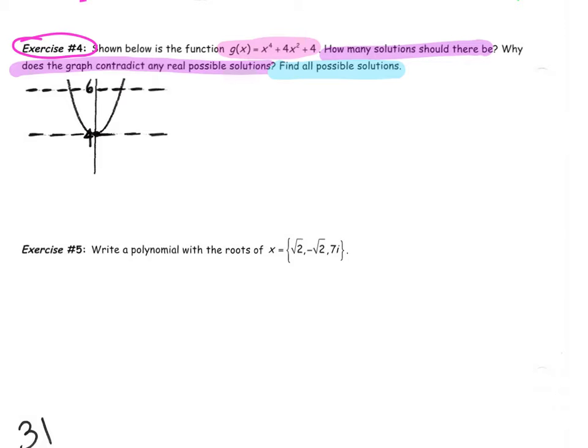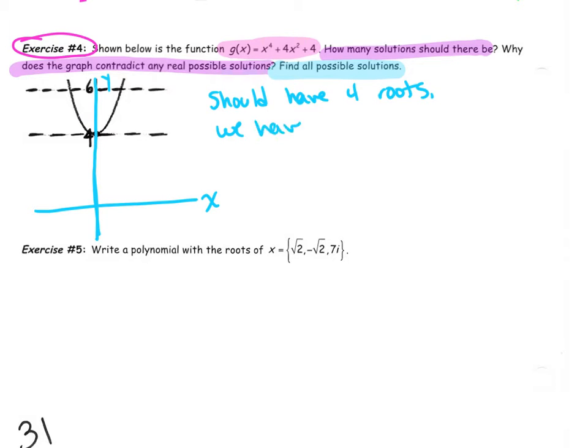Well, let's see. If we look, this thing never actually crosses the x-axis. I'll just write, this is the x-axis, this is our y-axis. So we never actually cross the x-axis. So we should have 4 roots, but in actuality, we have 0 real roots, which means 4 roots are imaginary.